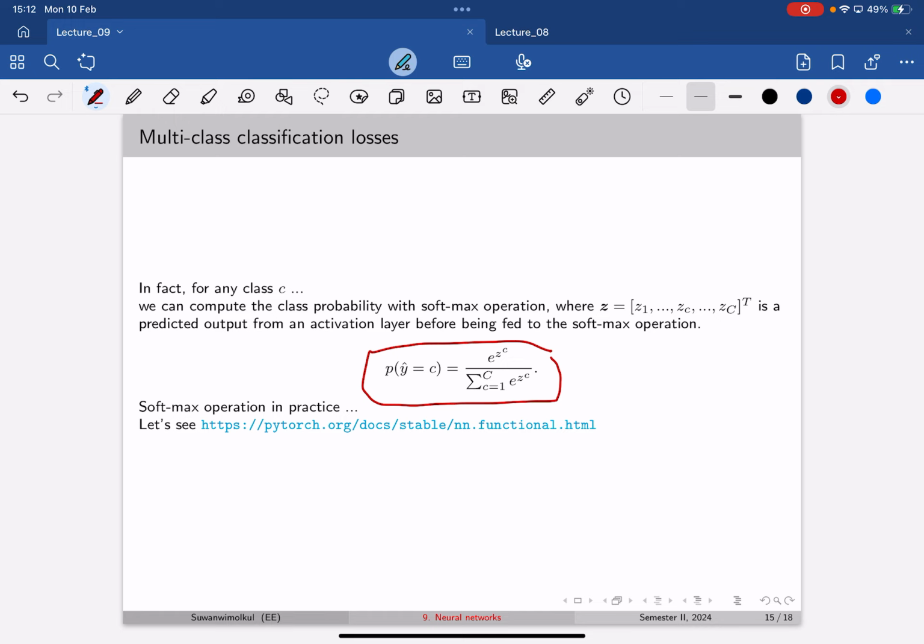For example, if you have a z value that is high and you divide by the sum of the exponentials of all of them, it looks like a probability in a way. That's the reason why they sometimes use this one as well, but it depends on what you see as most suitable. Okay, that's all.